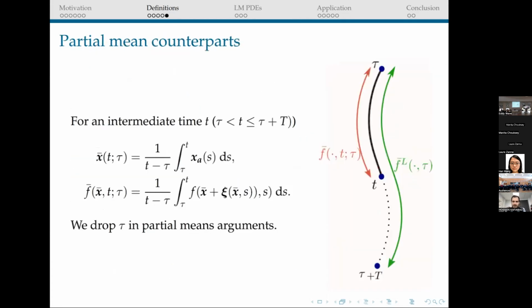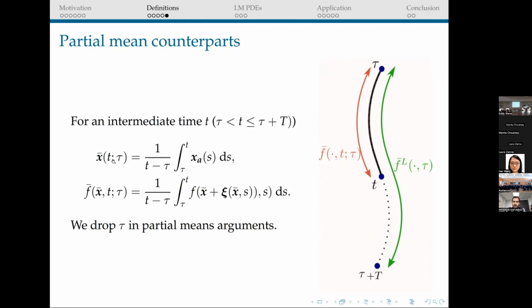Maybe skip this slide. Before presenting my actual approach, I need one more set of definitions, and those are partial means. So I define my partial means to be more or less similar to the Lagrangian means that I defined earlier, but for averaging intervals that start from tau, the beginning of my original averaging interval, up to some intermediate point between the end and the beginning of the averaging interval. I call it time t.